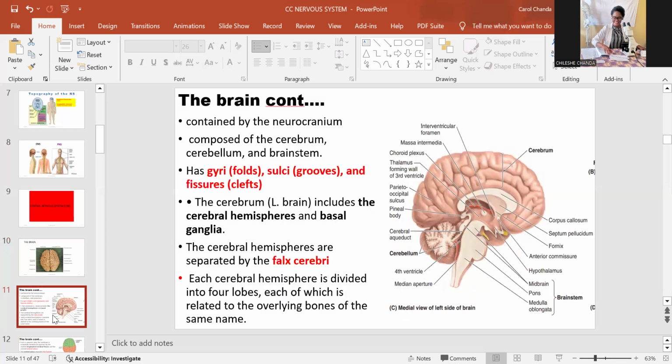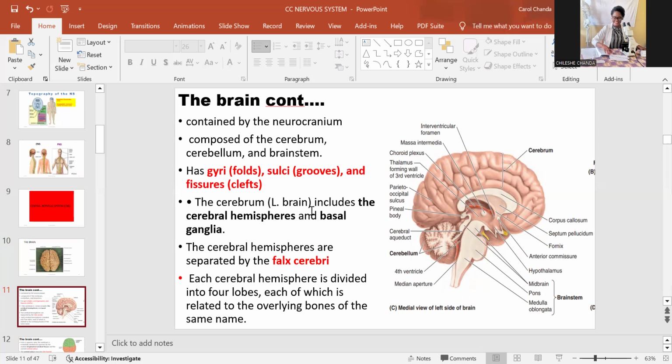Now we're saying the brain is contained by the neurocranium, composed of the cerebrum, the cerebellum, and the brainstem. If you look at this, this is one hemisphere of the cerebrum, the cerebellum, and we have the brainstem here.